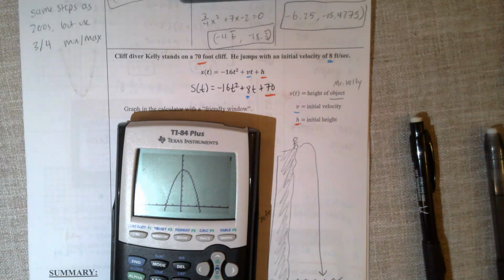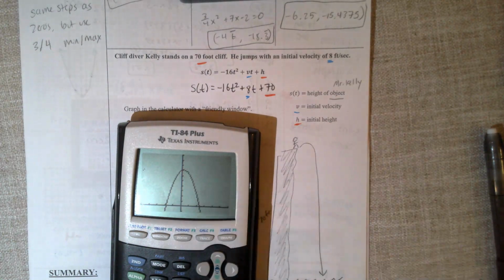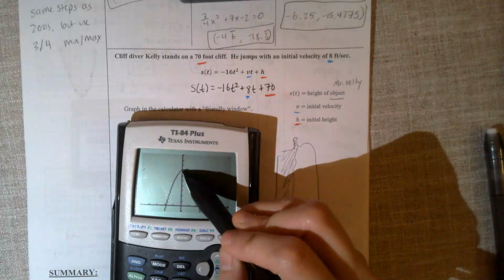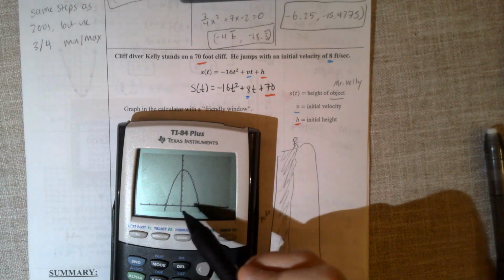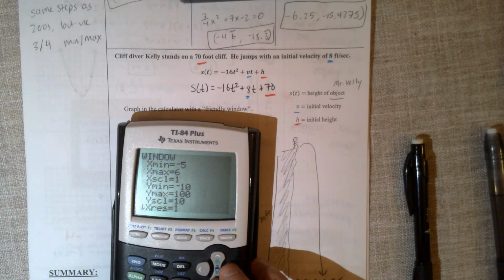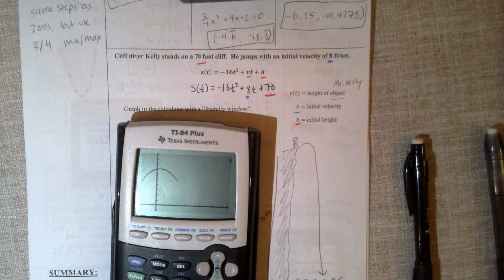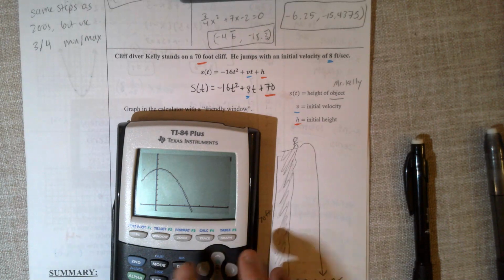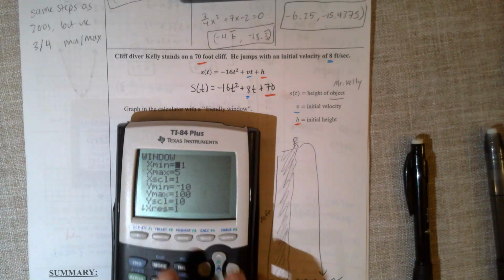Okay, that's pretty good. So even though this is a parabola, we know in the real world he's starting here, so we don't really need this other part of the graph. So let's change that for our window. Our x min can be like negative 1, and then looks like our x max could be even smaller too. Alright, so that's not bad. So let's just put that in here.